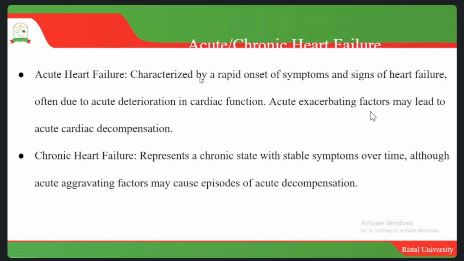So acute heart failure is characterized by a rapid onset of symptoms and signs of heart failure, often due to acute deterioration in cardiac function. Acute precipitating factors may also lead to acute cardiac decompensation. So the heart tries to compensate, and that's why the other time I was saying the compensatory mechanisms, the heart muscles thicken.